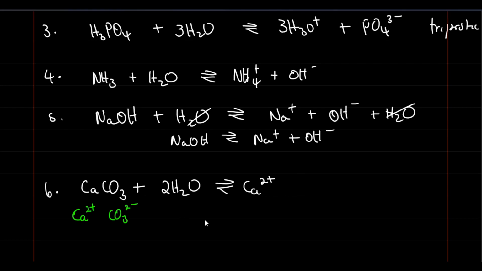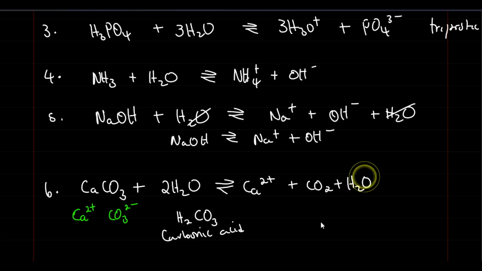Carbonic acid is something like this: H2CO3. Okay, it's called carbonic acid. It's a weak acid. Now this carbonic acid decomposes to form carbon dioxide plus water.